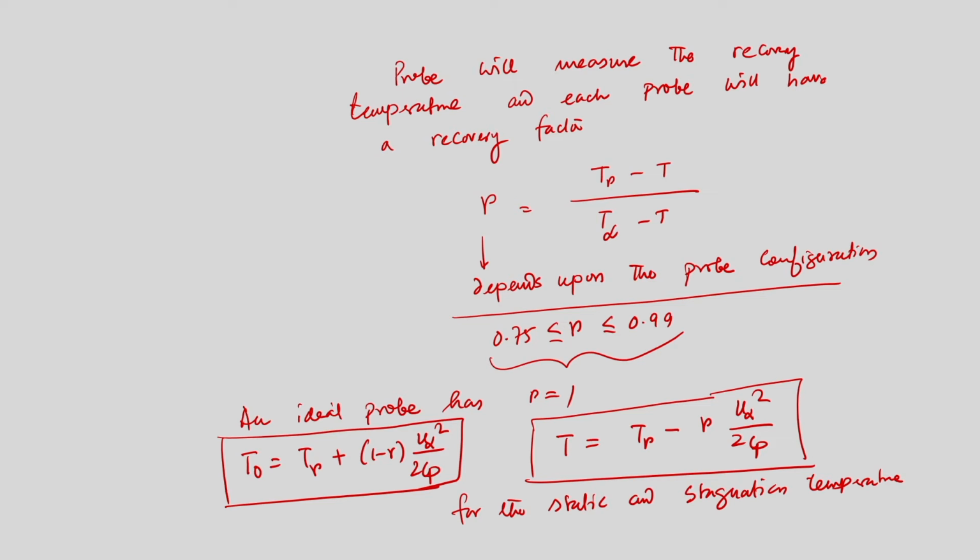So, now that means whether we are using any special probe to measure the temperature in high speed flow, or any ordinary probe, we need to keep in mind that placing the probe in the flow field will disturb the flow, and as a result the temperature which we will measure is not the static temperature, not the actual temperature which we are interested in.